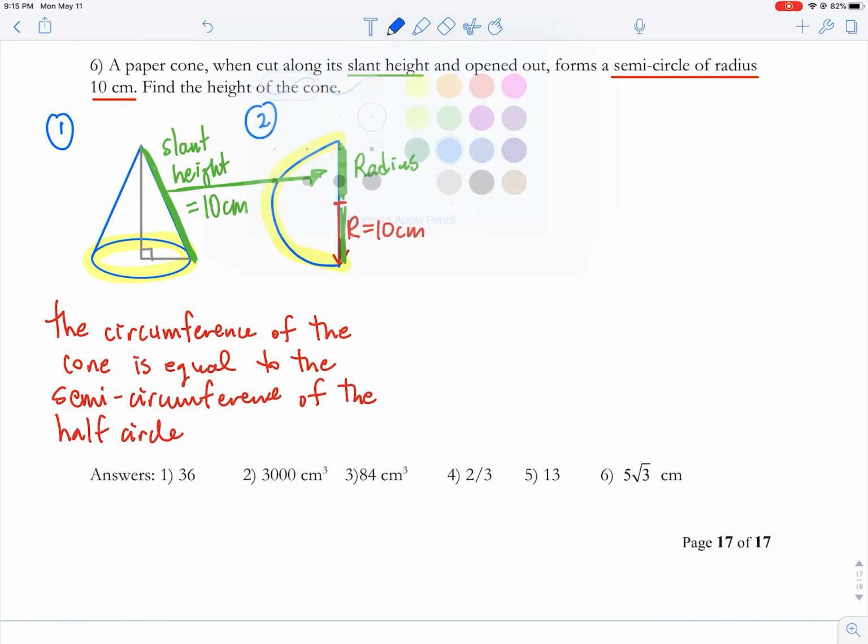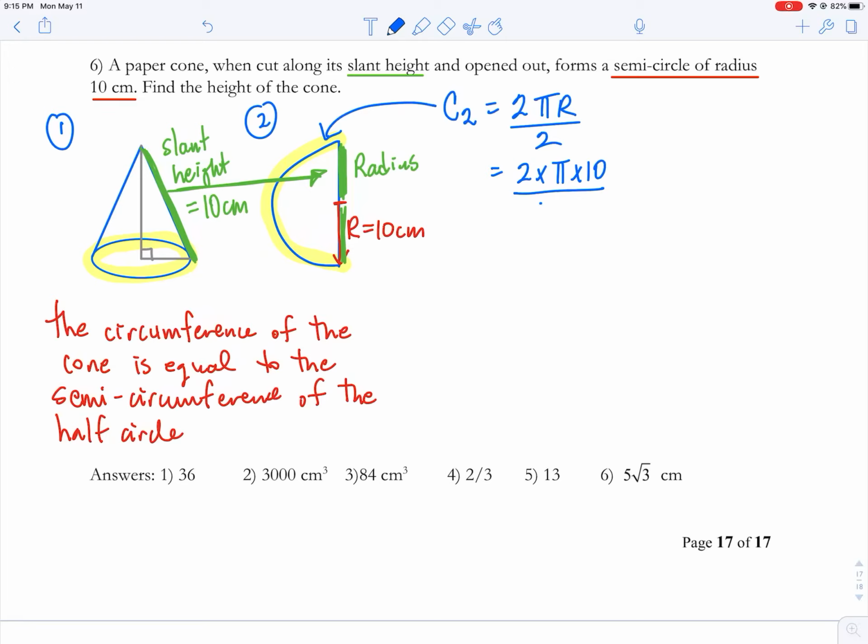Second thing we know is that this semi-circumference, I'm going to call it C2, it's going to equal, normally a circumference is equal to 2 pi r. But in this case, it's only for half a circle, so it's going to be divided by 2. So that yellow line, circumference 2, is going to equal 2 times pi times 10, so that's 20 pi over 2.